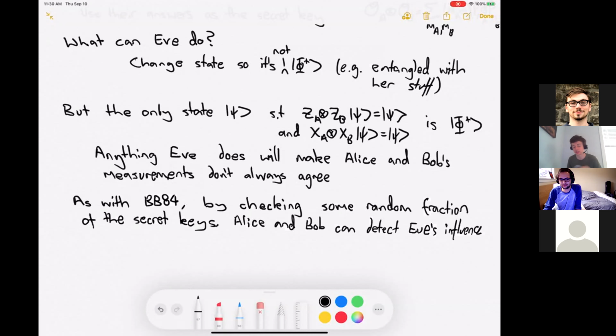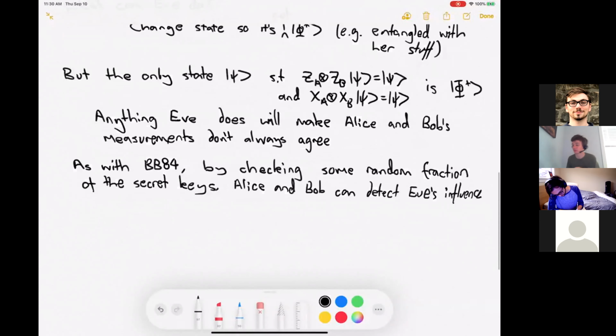You can just check the 4 Bell states, and the only one that has eigenvalue 1 for both Z tensor Z and X tensor X is phi plus. So it's just some pretty trivial linear algebra on 4-dimensional Hilbert spaces.